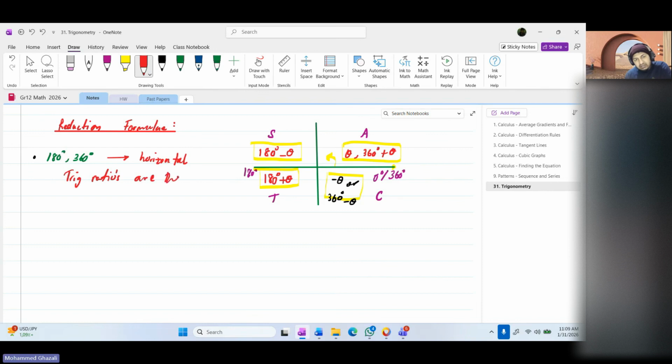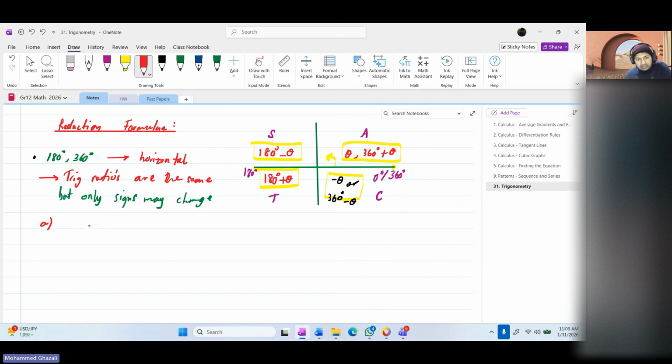The only thing you need to locate is the signs, which may change or may not change. That is because we have to use a CAST diagram. Let's just look at some quick examples.